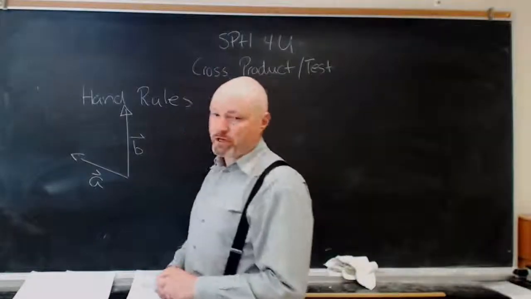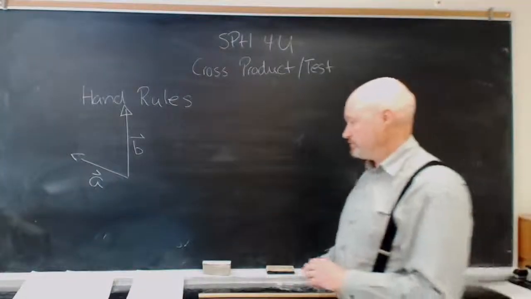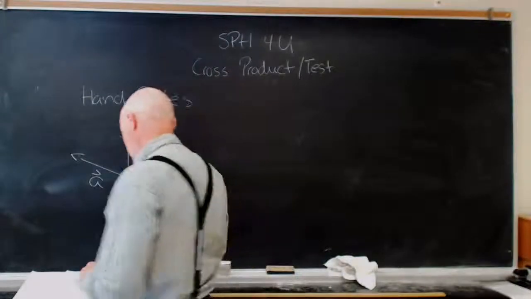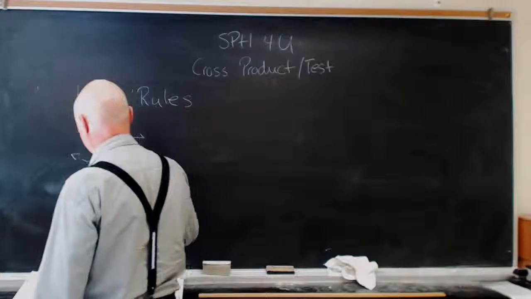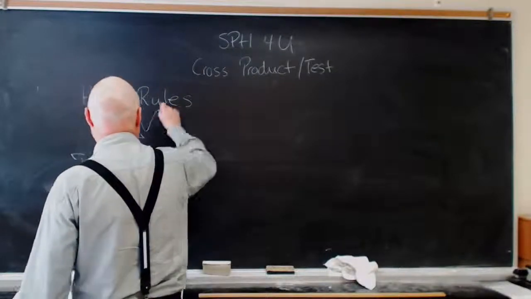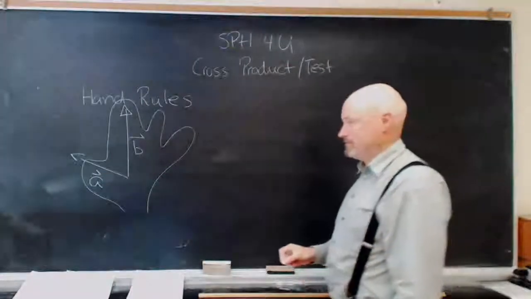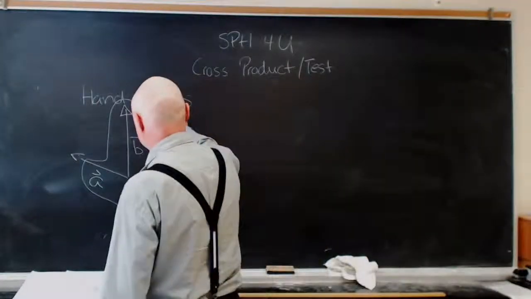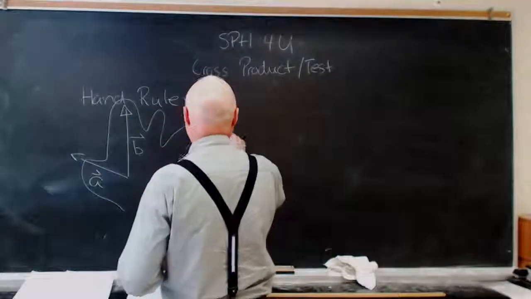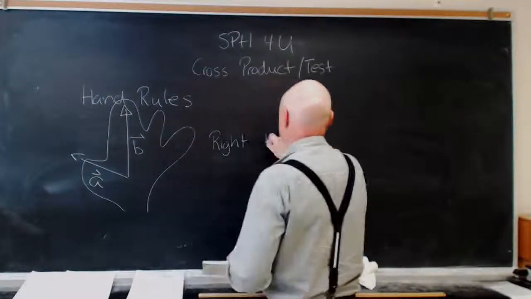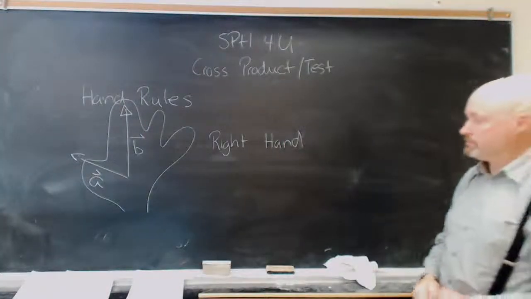You might remember these from physics because they apply to electricity and magnetism. Okay, so here's A, there's B. Whoa, nice hand. There's Homer Simpson's hand. I guess this is the right hand. So that's our right hand.